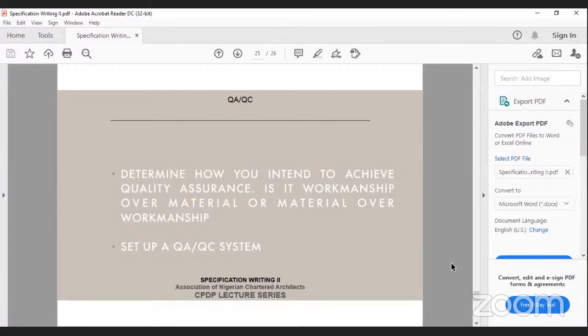I hope a lot of us practice that, where you have information about your client, information about your project. It will be a big book. It could be a file, a box file. It doesn't need to be the same file where you put in all your drawings, no. But it should be a file where you can, at any point, get information about the client, get information about the type of project, get information about the class of contract.